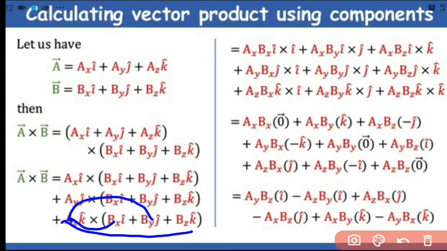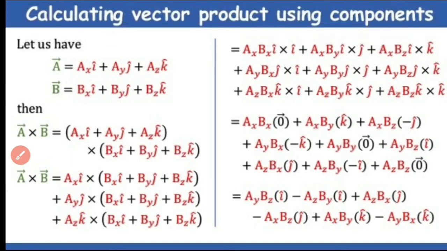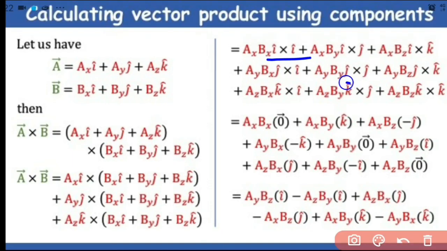So altogether 9 terms we have in the product. Now we have to substitute for each cross product. We know i cross i is 0, j cross j is 0 and k cross k also is 0. So out of the 9 terms, 3 terms become 0.